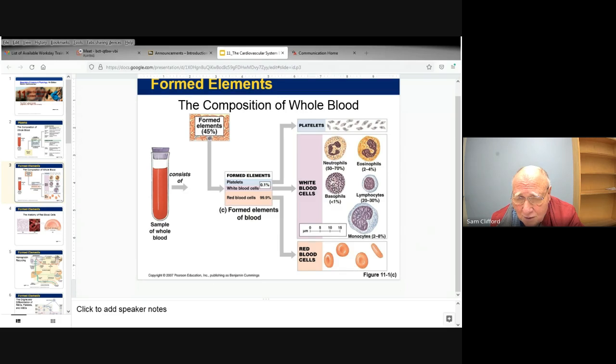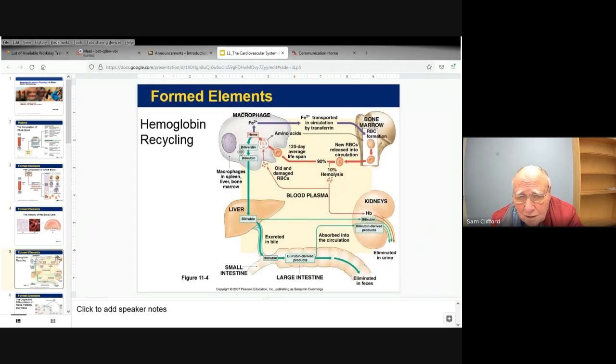So white blood cells can consume the red blood cells, and they're made in bone marrow. And so, recycling. The new red blood cells are released from bone marrow.